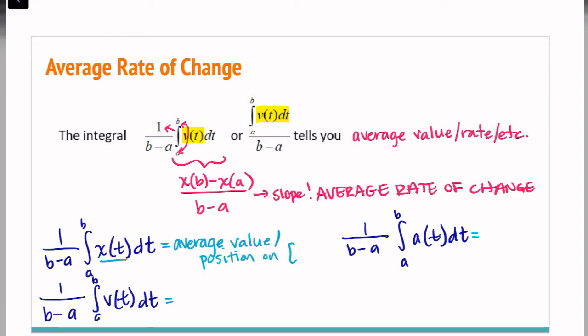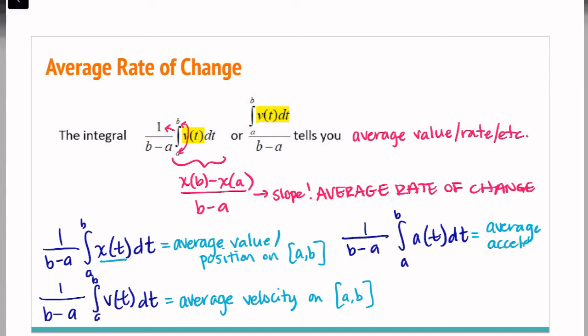On the interval a to b, this is going to give us the average velocity on AB, and this is going to give me the average acceleration on the integral AB.